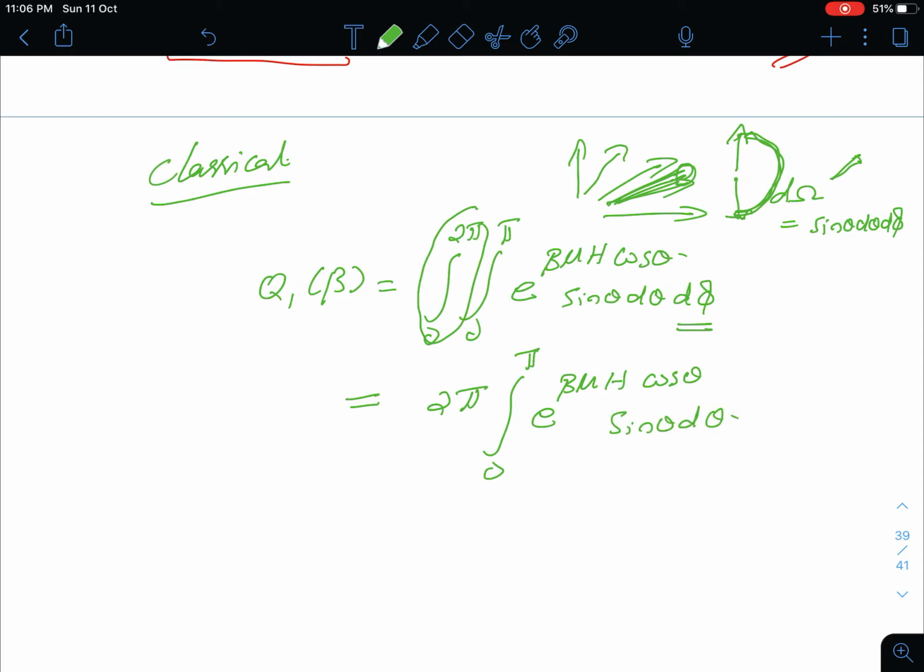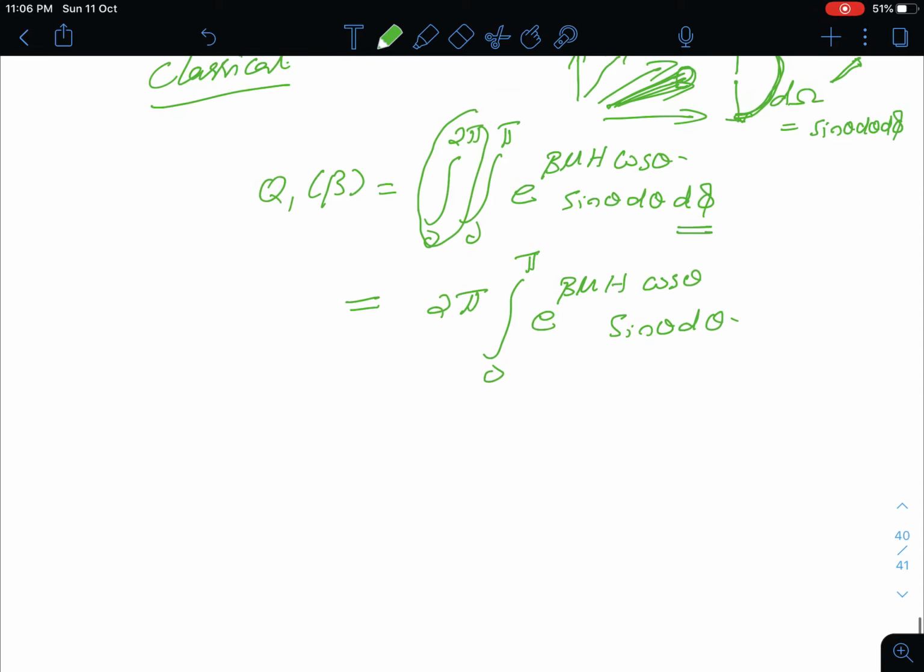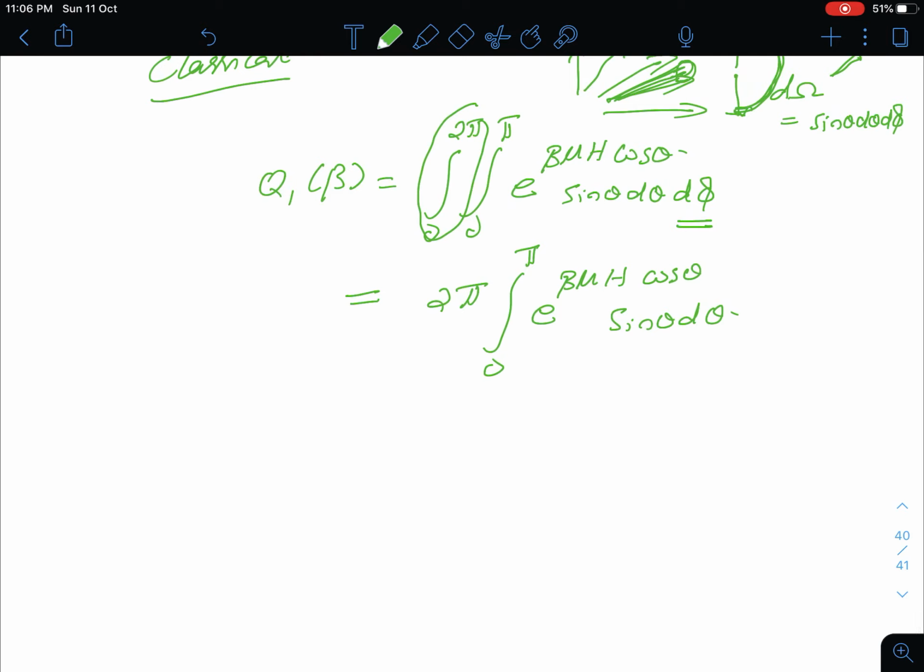Now you have to integrate this, alright. So how to integrate this? We can write beta mu h cos theta is equal to, let us say, x. So now minus beta mu h sin theta d theta is equal to dx.